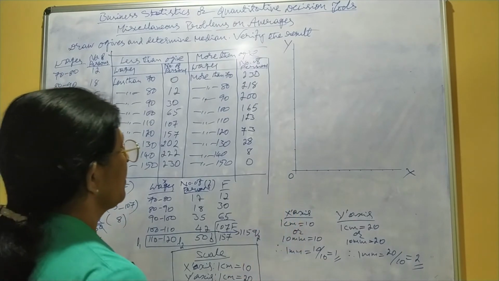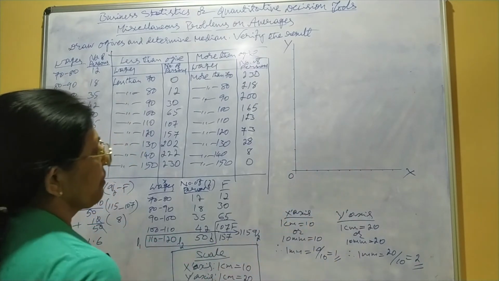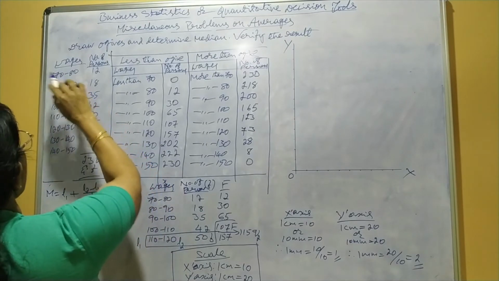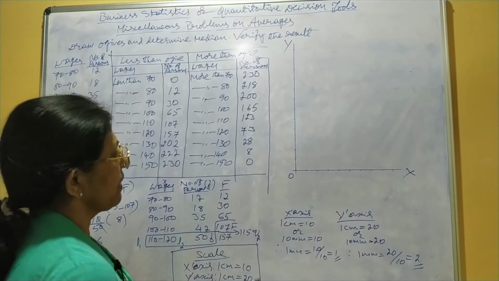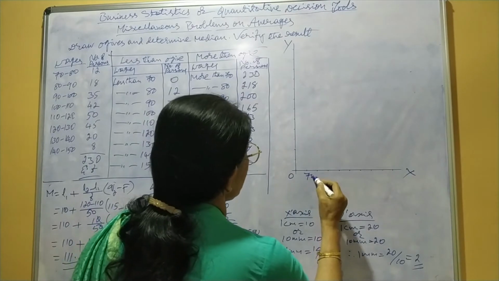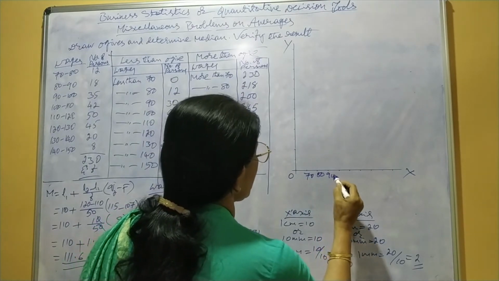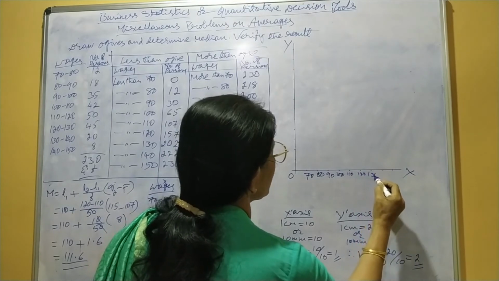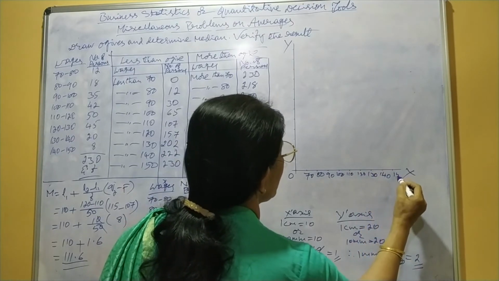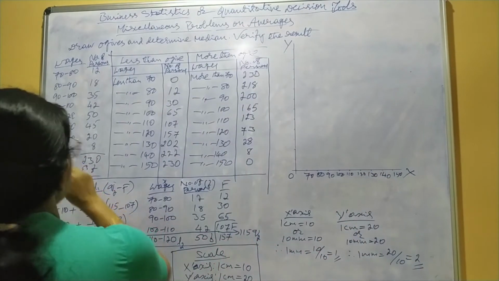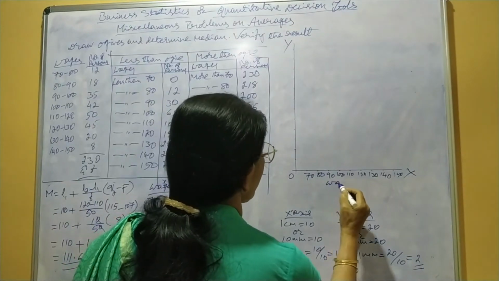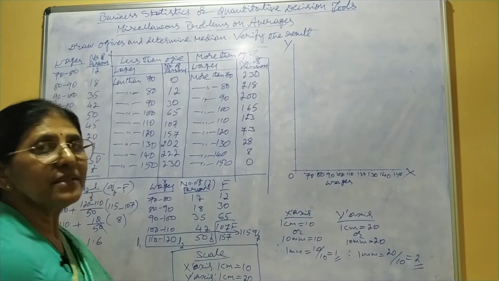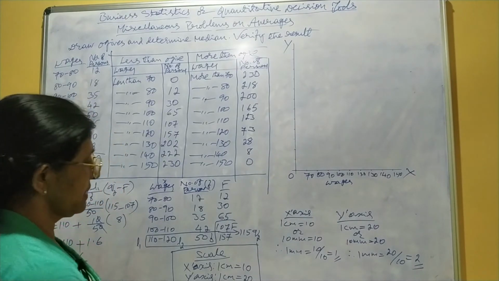Okay. Now, for the x-axis, we have to take the variables. We have to start from 70. Now, take 70, 80, 90, 100, 110, 120, 130, 140, 150. Last one is 150, wages. Next, for the y-axis, we take cumulative frequencies.